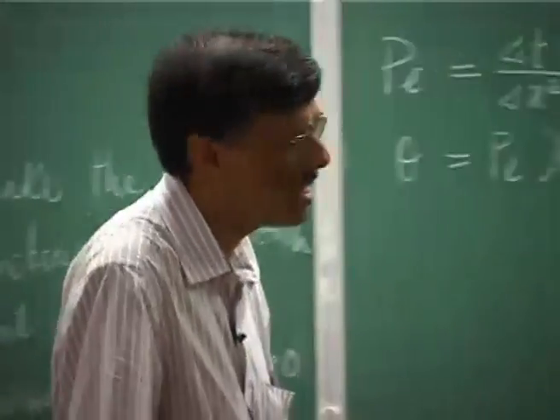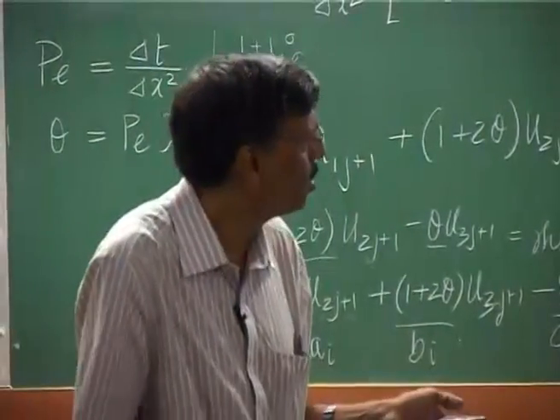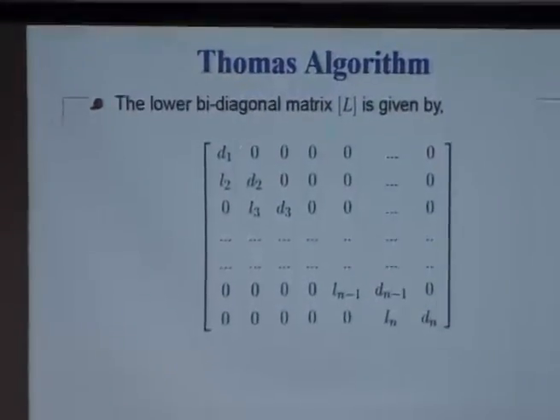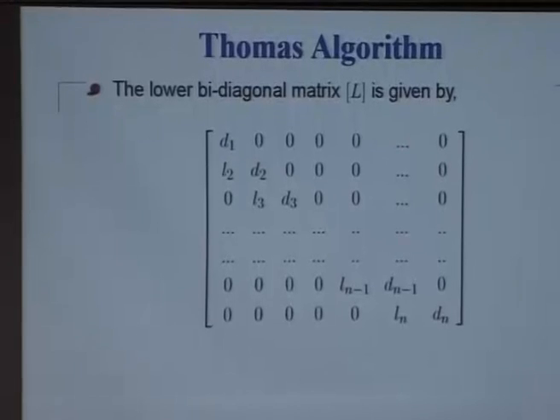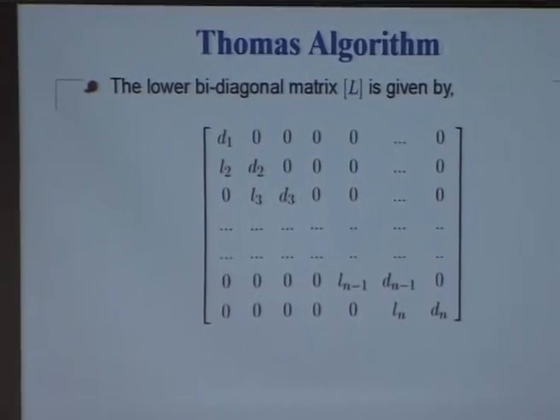Because of that sparseness, so many zeros all over, what we could do is write down this lower triangular matrix like this. Above the diagonal it is all 0, that is why it is called lower triangular. But because of the sparseness, we notice that even in the lower triangular matrix you have a large number of zeros, barring only the diagonal and the subdiagonal entries.